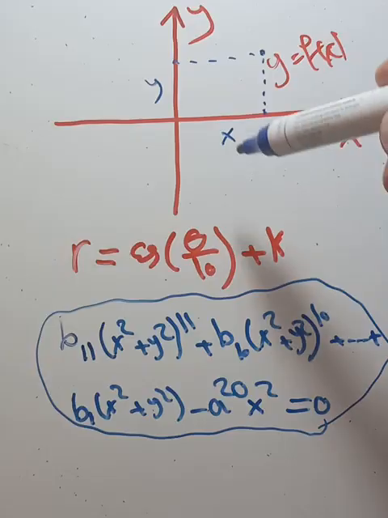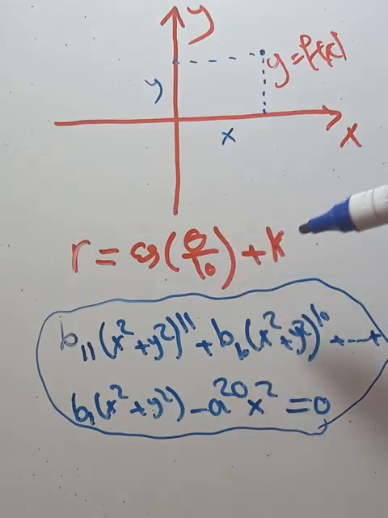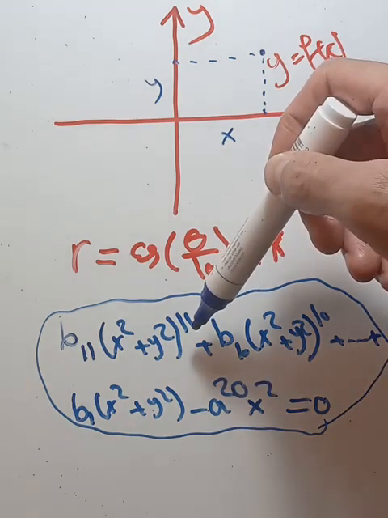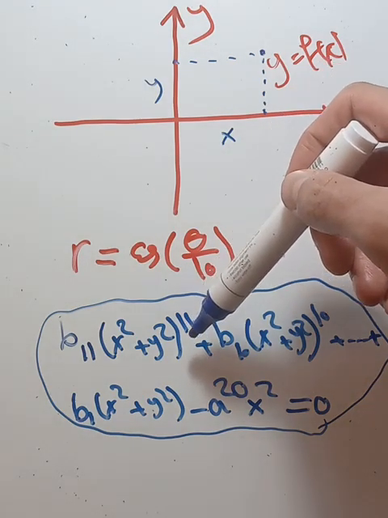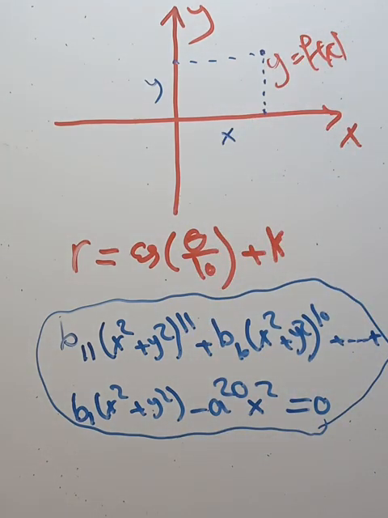This would be the equation of this curve in the Cartesian coordinate system, which has 12 terms.